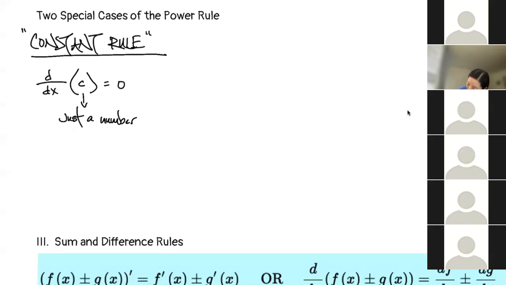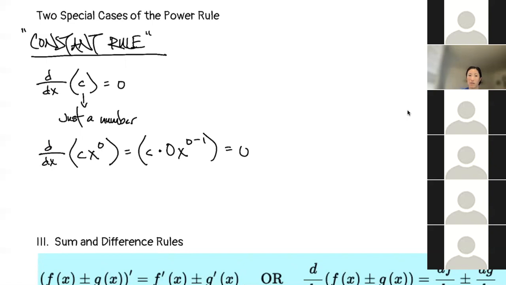But the reason why is, if we think about what we wrote before, next to the C, there was an invisible x to the 0. And so when we use the power rule, we get C times 0, x to the 0 minus 1, which gives us 0. So this longer line shows us why that derivative is just a 0, okay?